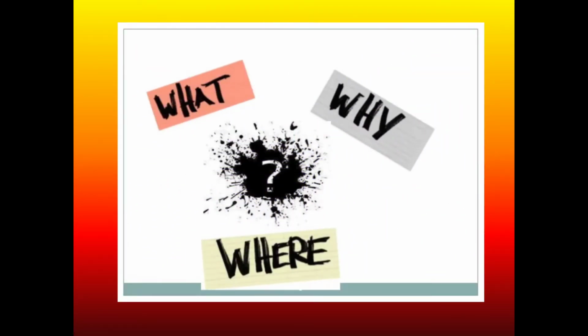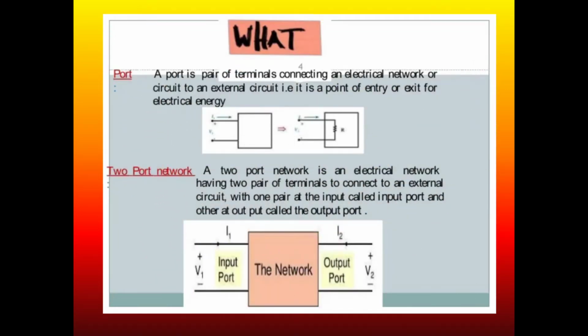Why, what, where are we using the two-port network? What is a two-port network? Let me start with what is a port. A port is a pair of terminals connecting an electrical network or circuit to an external circuit. That is, it is a point of entry or exit for electrical energy. The RC networks we have discussed so far are single port networks, where we have only one terminal for entry and another terminal for exit.